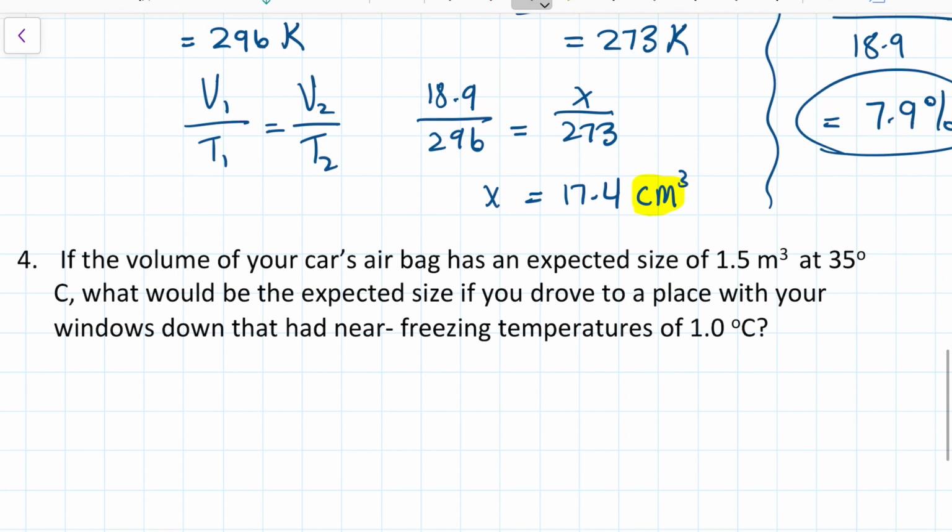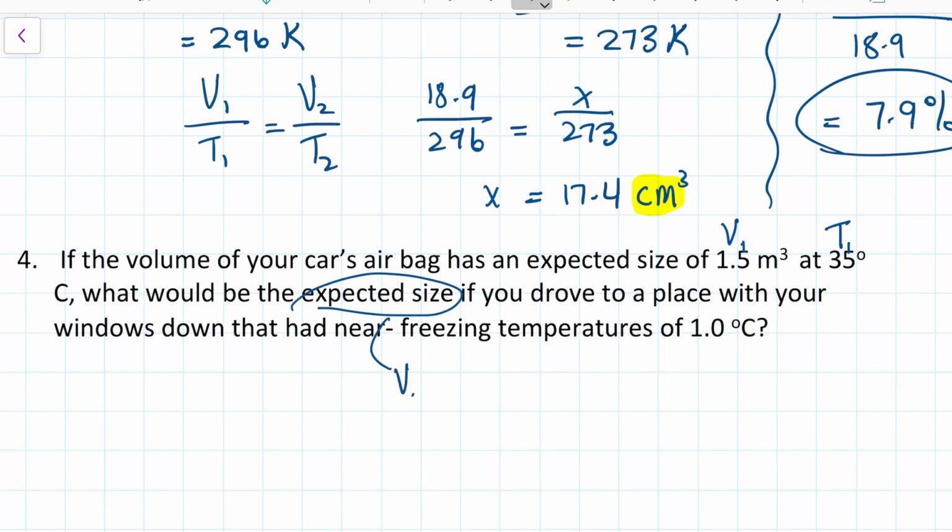Let's look at number 4. If the volume of your car's airbag has an expected size, so here's V, at 35, here's T, so these two go together, so we're going to call them V1 and T1. What would be the expected size?